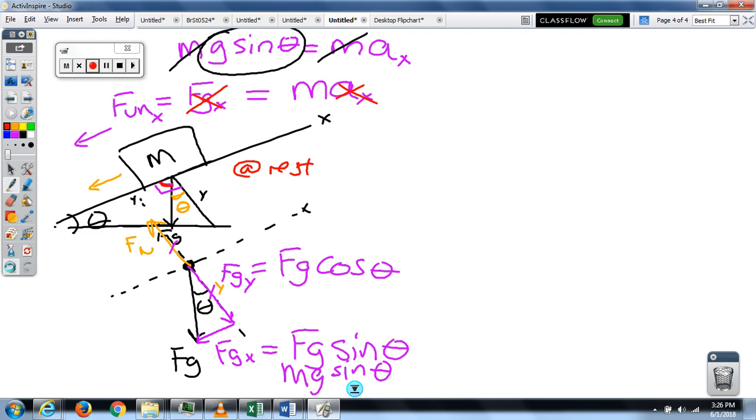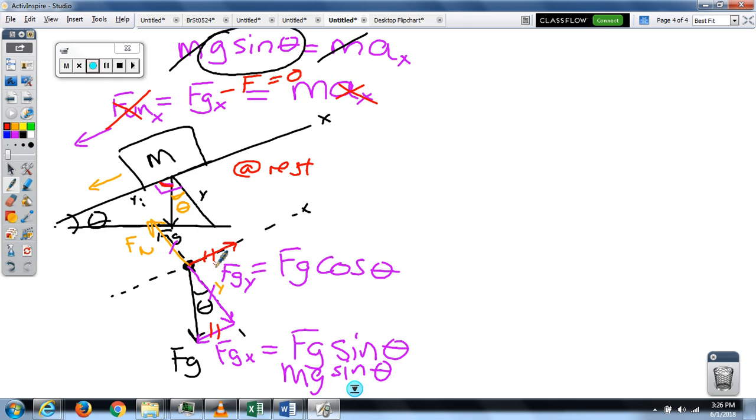So to get rid of Fnet, you'll have to subtract from Fgx a force, so that when you subtract those two, you get 0. So we can show that by taking an arrow the same length as this guy and pointing it the opposite way so that they balance, because the difference between them will result in no force left over.